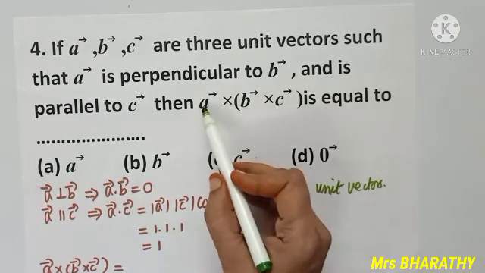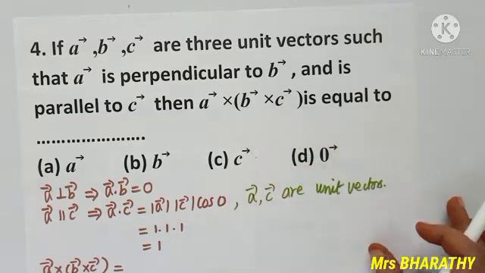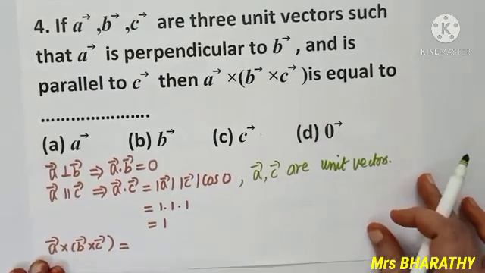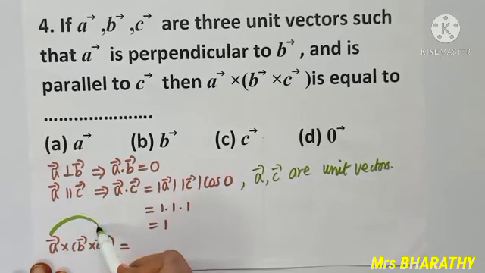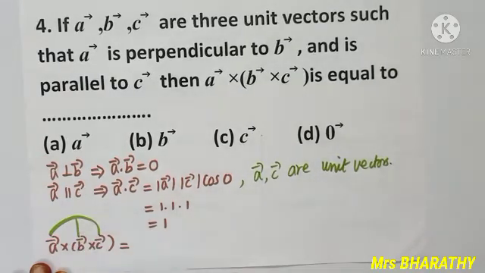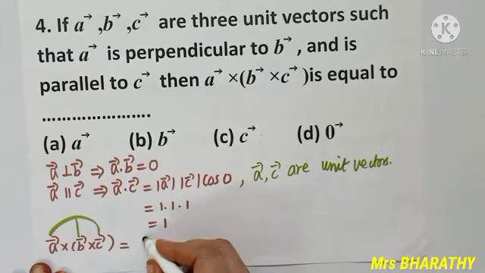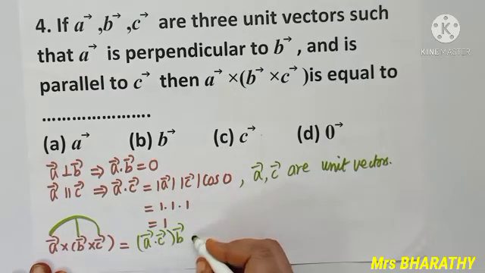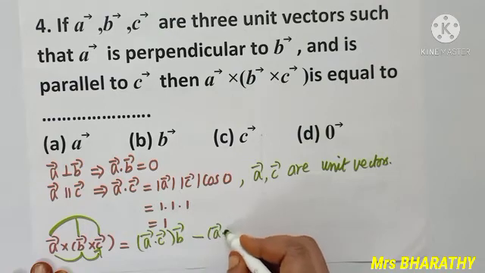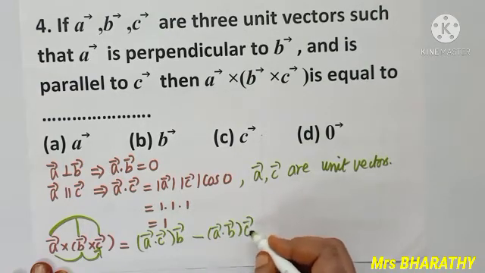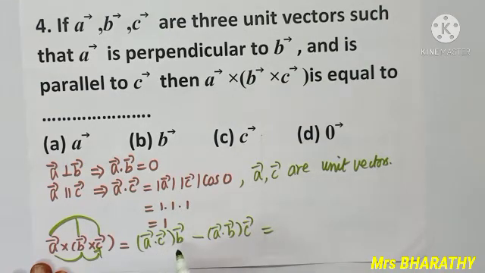My question is to find A cross B cross C. How are we to do it? Let us remember, putting the arrow mark: A dot C into B minus A dot B into C. We have already got A dot C is 1.